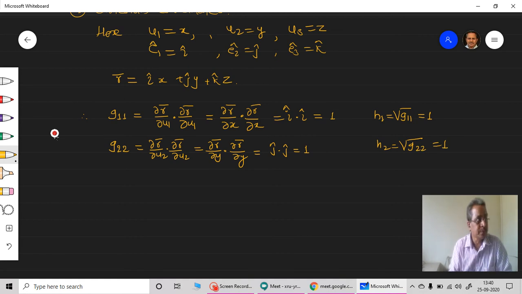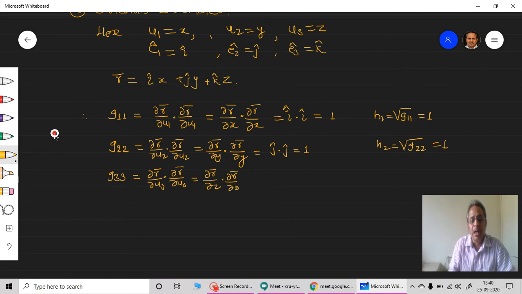Okay. The third, just go for the calculation, you can do it very easily, exactly similar. Now this is del r bar upon del u3 dot del r bar upon del u3. Our u3 is z, therefore it is del r bar upon del z dot del r bar upon del z.